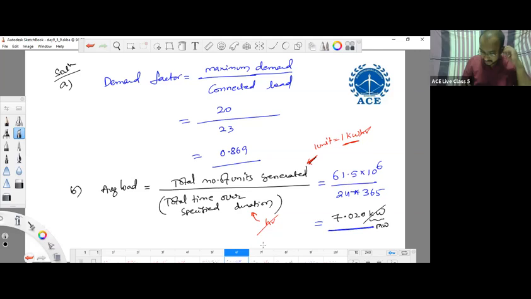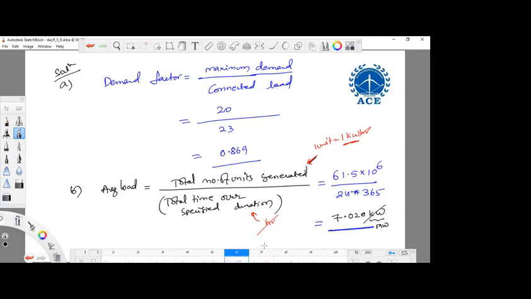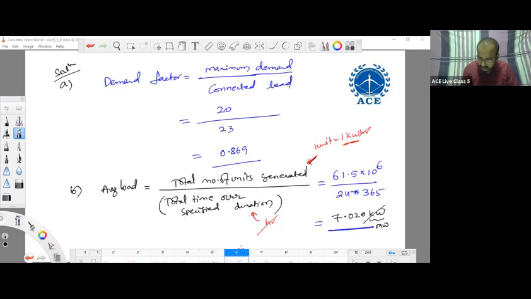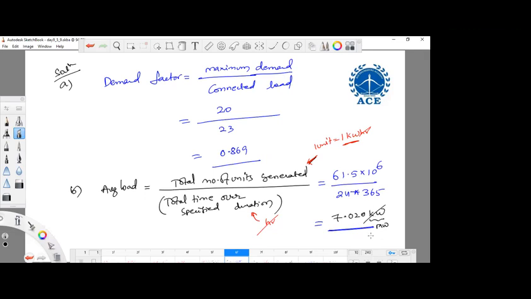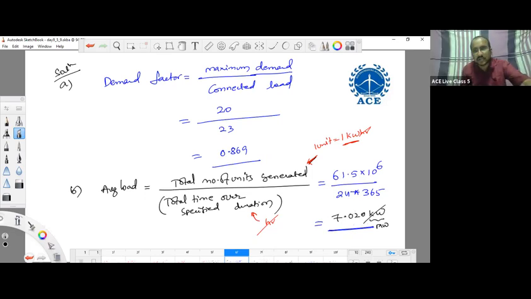If we consider it in megawatts, the load factor is coming as 0.00351. Here, actually, this is 61.5 into 10 power 3. That is kilowatt. Here we should remove that 10 power 3. Then you will get this in megawatt. I cannot understand, sir. I will repeat this question tomorrow. I will check that from the source.